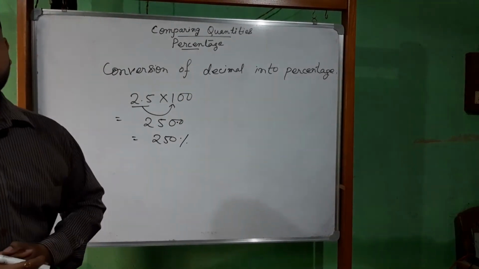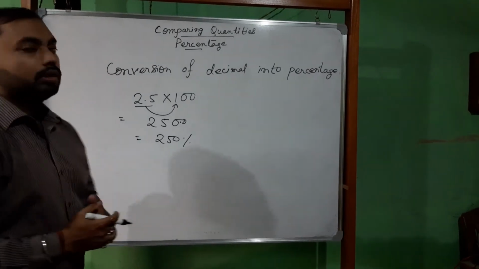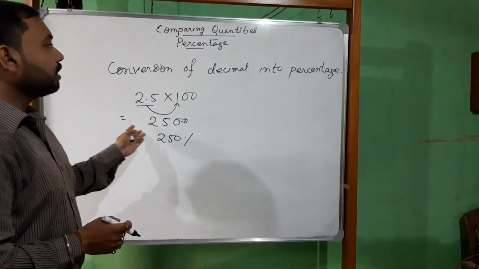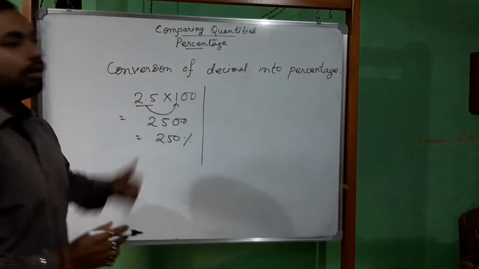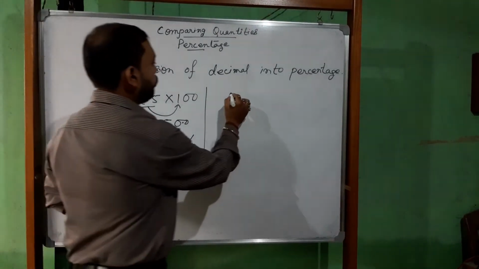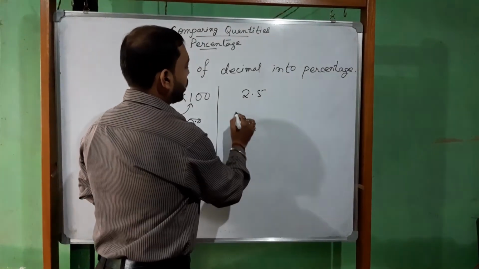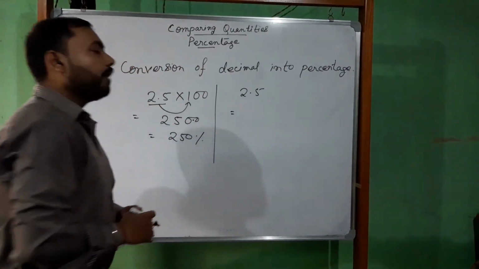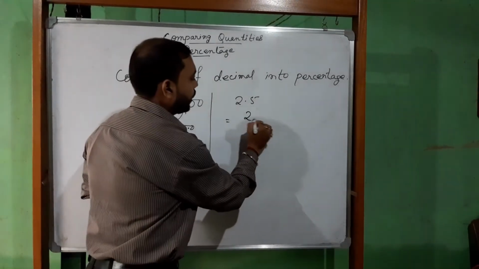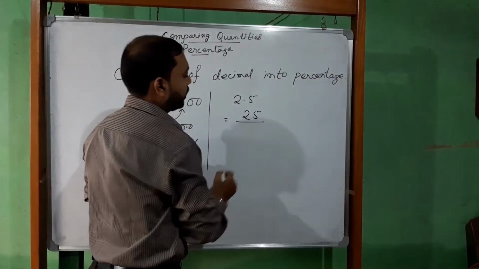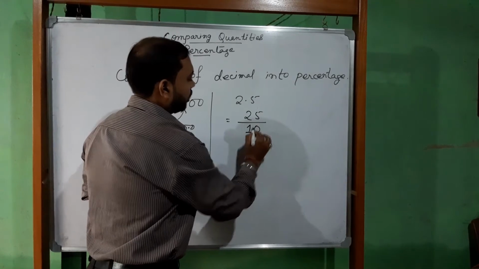This is one way. Let me show the other way how to convert decimal into percentage. Let me take the same example, 2.5. Now how can we write 2.5 as a fraction? It is nothing but 25 divided by 10.